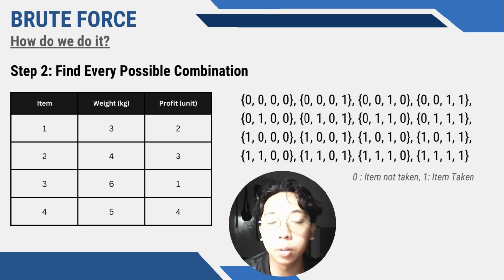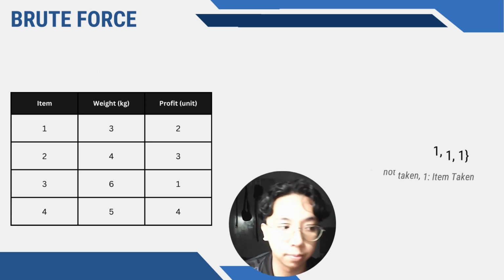So in order to solve this problem efficiently, we take a 4-bit binary where each bit represents an item. We can start from 0000 and count up to 1111 using the binary system. By doing that, we'll get all 16 possible combinations.